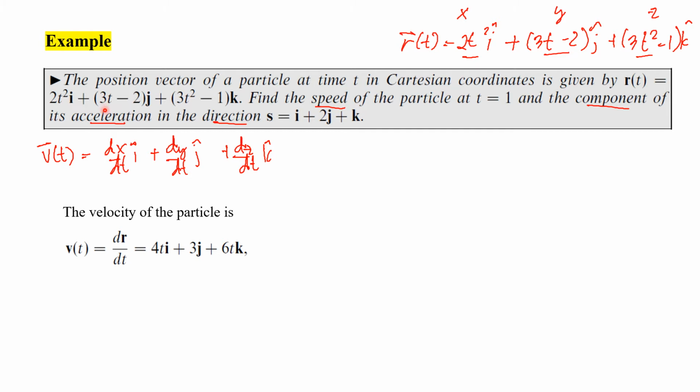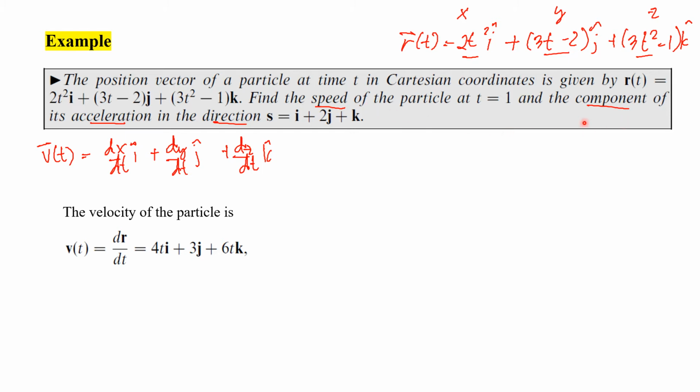And for 3t, the derivative is 3, so you have 3j. And for this one, you have 2 times 3t squared minus 0, so the derivative is 6t k. So this is the velocity of the particle, and we're asked for the speed of the particle at time equals 1, which we'll find later.